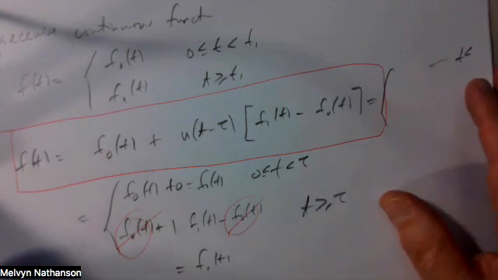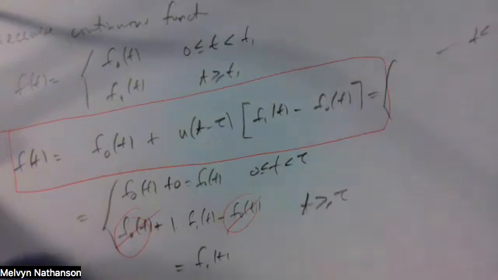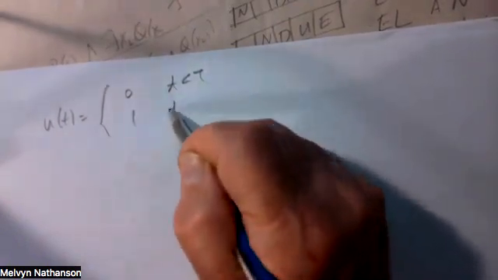Suppose we want to just calculate the Laplace transform of the unit step function. That's a good start. So if we have the function u of t, which is 0 for t less than tau and 1 for t greater than or equal to tau, this is u of t minus tau.